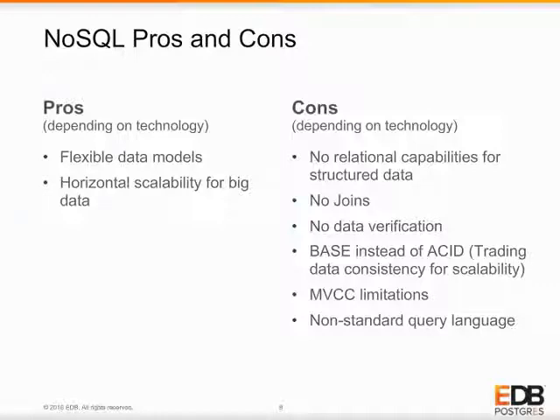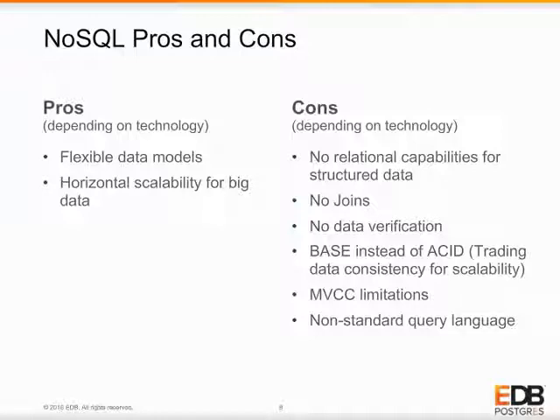That's what ACID gives you. But in NoSQL only databases, we don't have ACID. We have BASE instead of ACID, and part of BASE stands for eventual consistency. So we don't have the type of transactional guarantees that we have with a relational database.